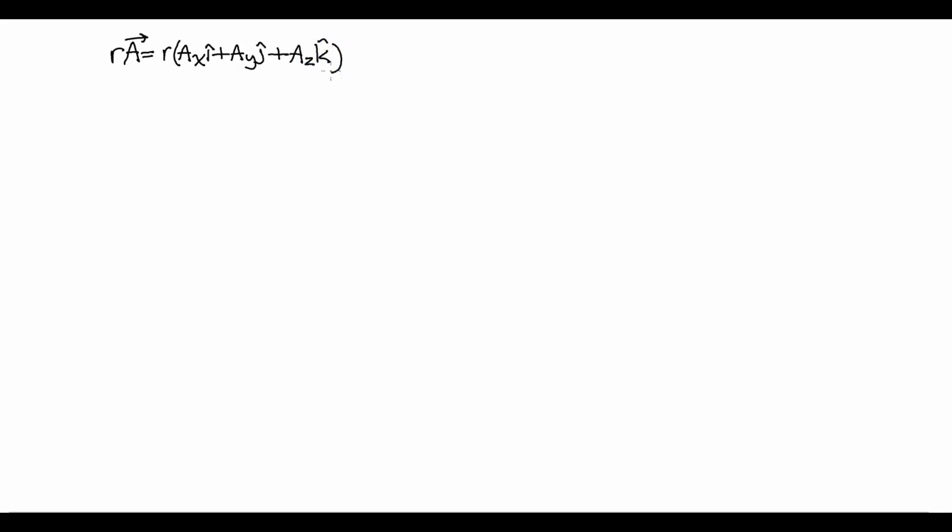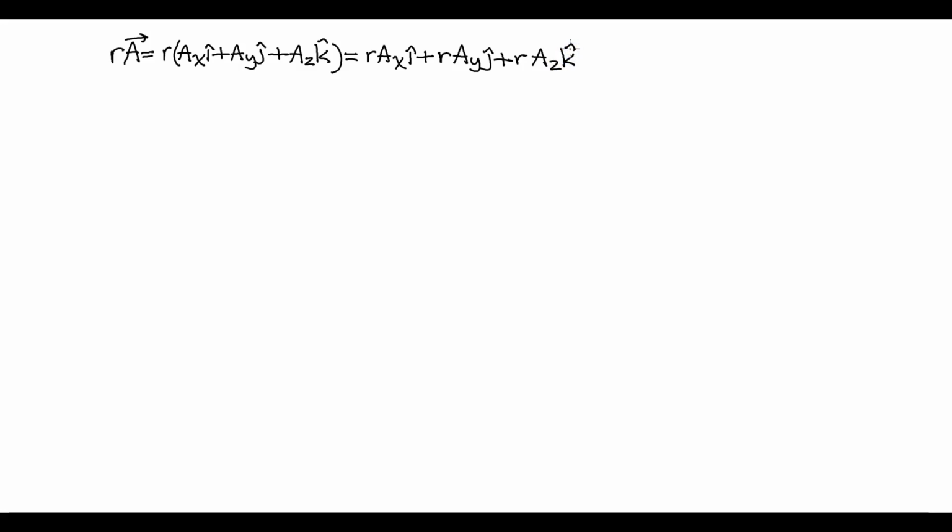The vector sum inside the parentheses is the exact same thing as vector a itself. And when you multiply by the scalar value r, you can distribute r and you get r times ax i plus r times ay j plus r times az k.